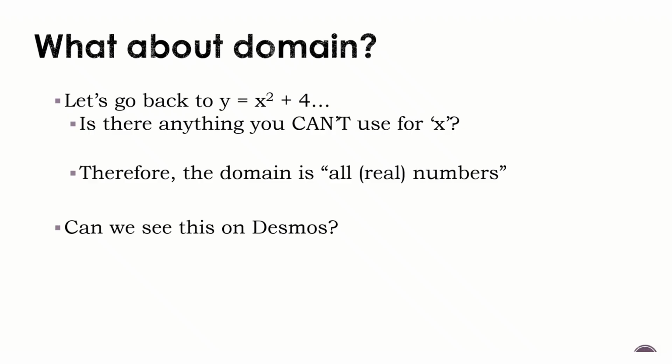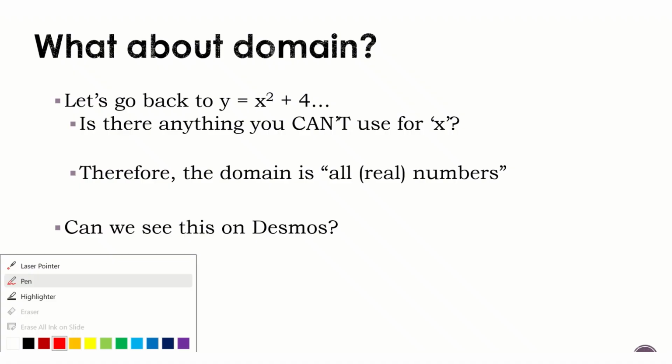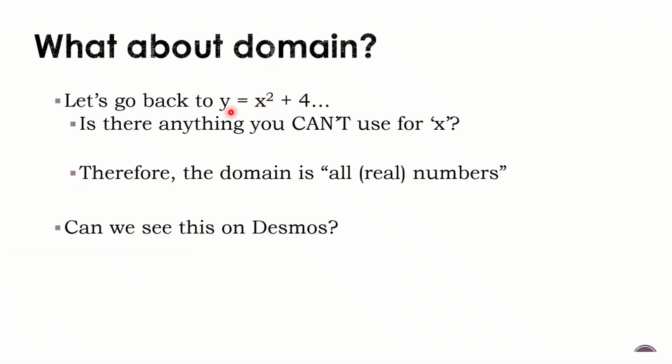No. Okay, so you could plug in positive numbers, you could plug in negative numbers, you can plug in decimals and fractions, square roots, or you can plug in 0. There's nothing you can't use. Therefore, the domain is all numbers because we haven't excluded anything at all. And I'm going to put the word real in there because we have the possibility that they're not real, but you don't know what those are yet. So basically all real numbers.